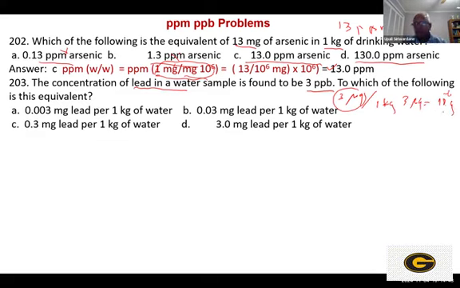A milligram is 10 to the 3 micrograms. Therefore, 10 to the negative 3 milligrams, that's the correct answer. 3 times 10 to the negative 3 is this.